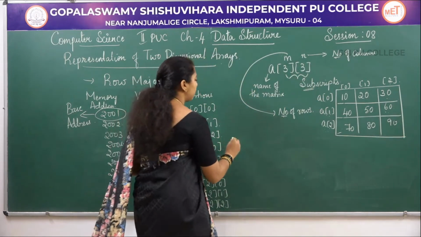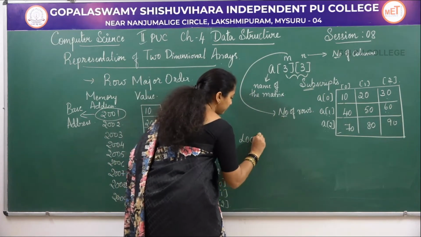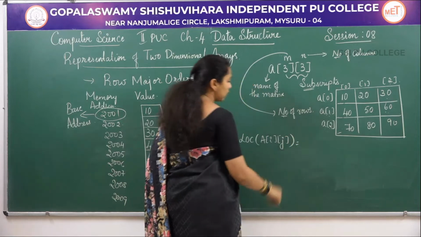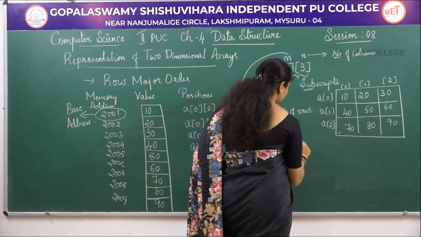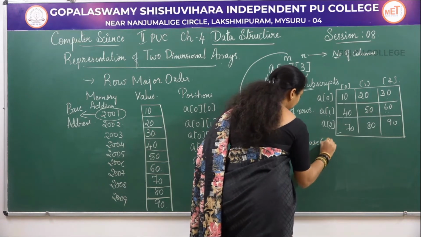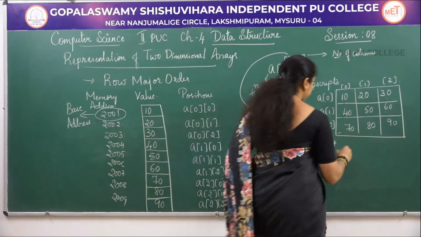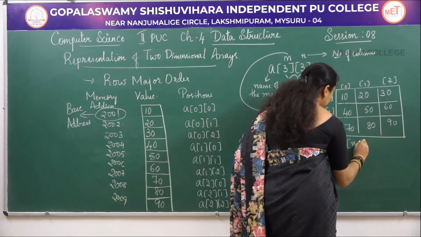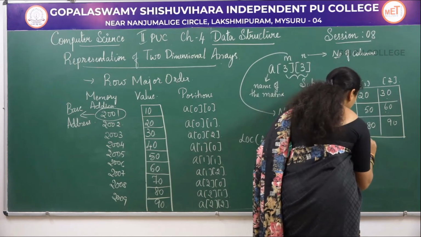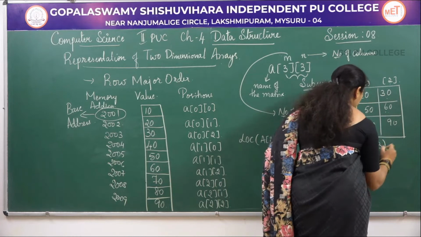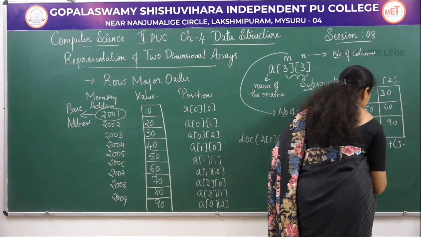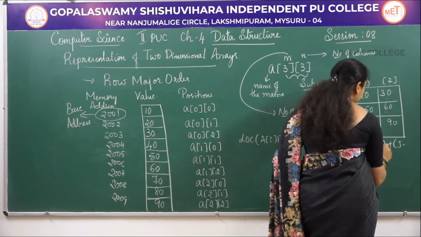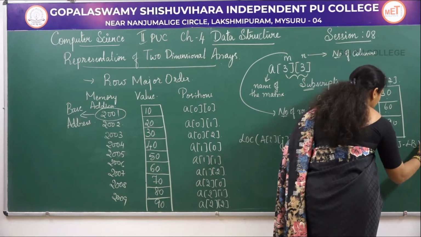So what is the formula? The formula is location of A of I into j is equal to base of A plus W into n into I minus lb, that is lower bound, plus j minus lb.